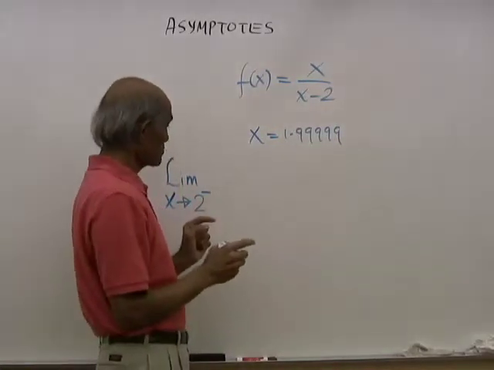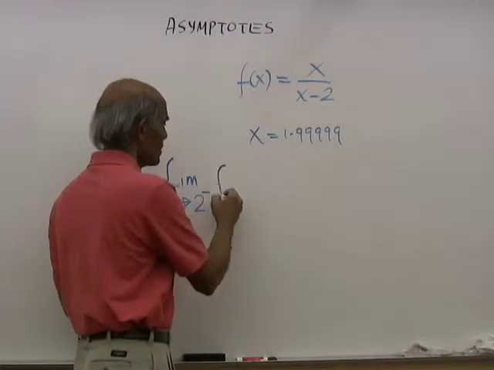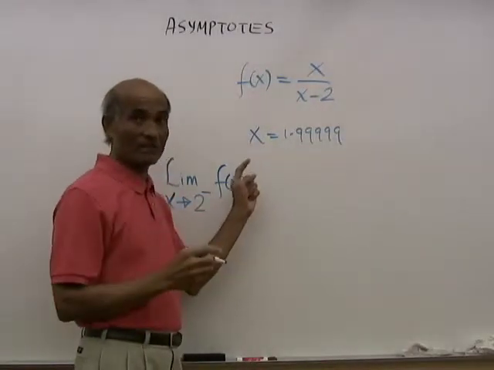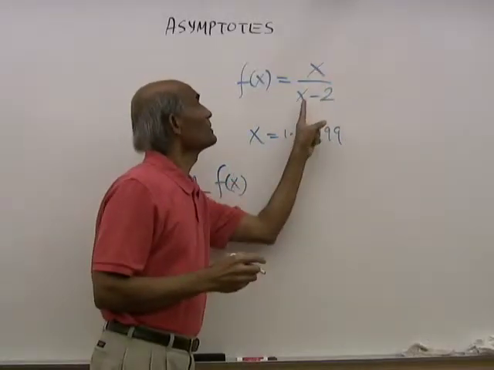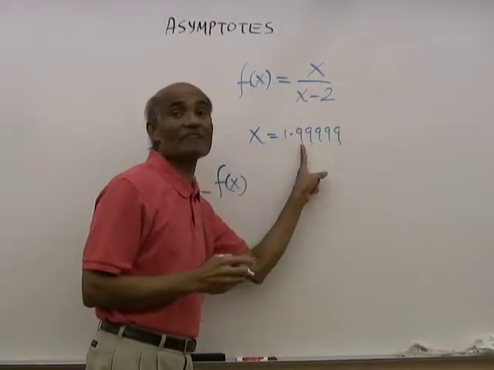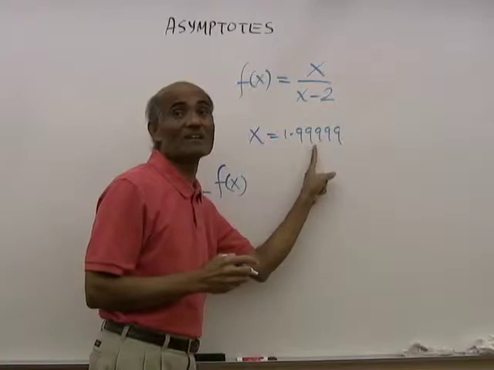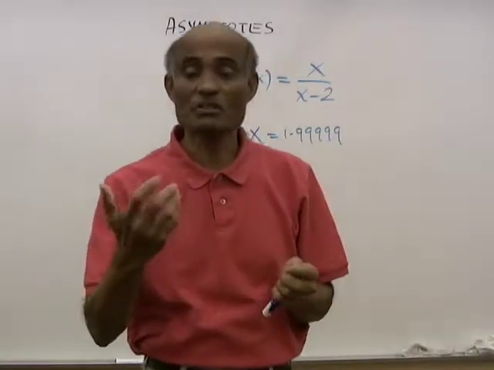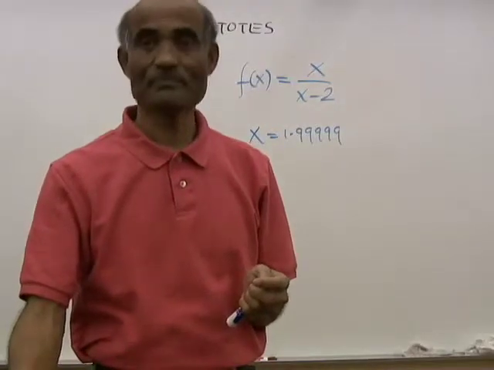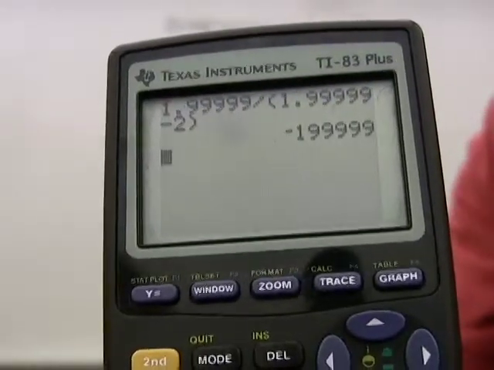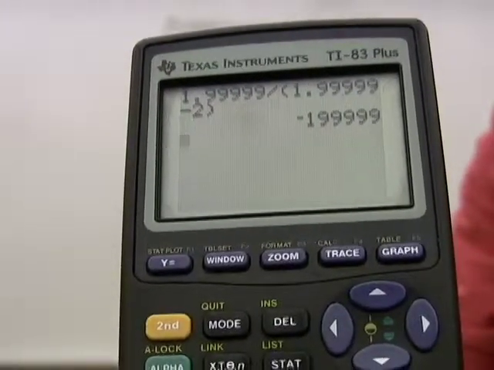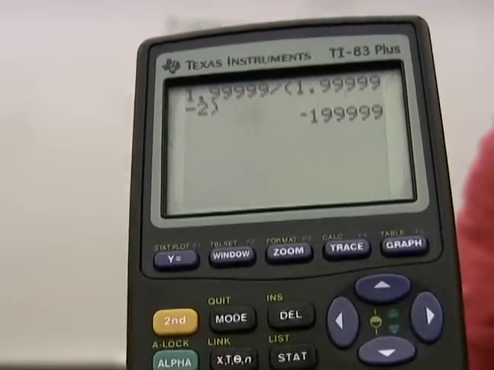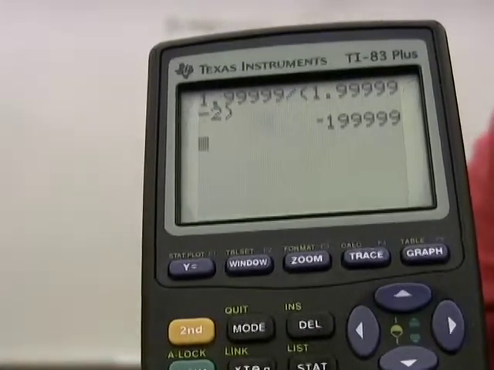As x approaches 2 from the left, what happens to f of x? Take your calculator out and replace x by 1.99999, and tell me what the function value is. Well, this is the function value: negative 199,999.